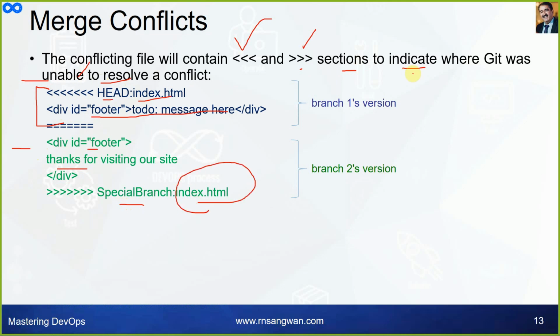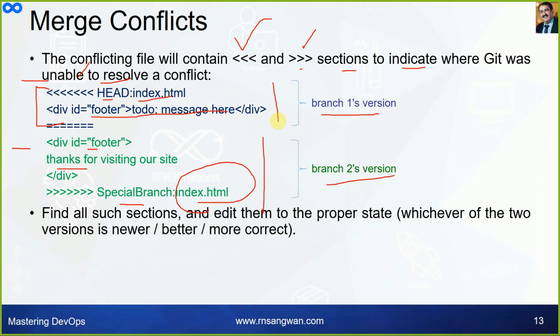So this is the branch 1 version and branch 2 has this version. So which one is correct? You decide, you finalize one. You can discard one, you can remove one and merge the second one. Find all such sections and edit them to a proper state, whichever of the two versions is newer or better or more correct according to you.